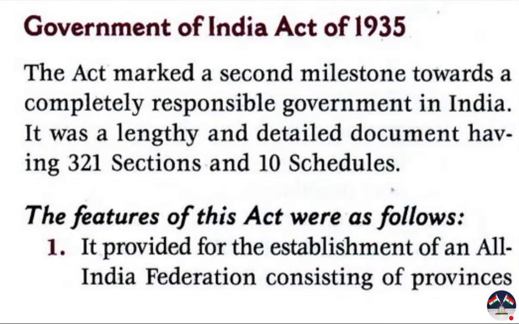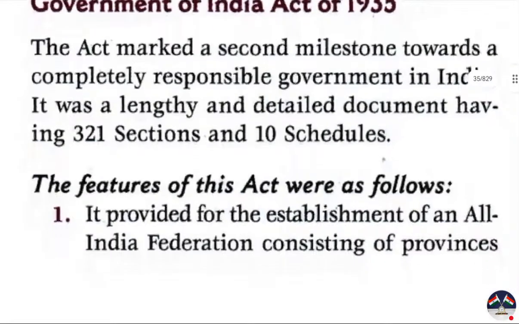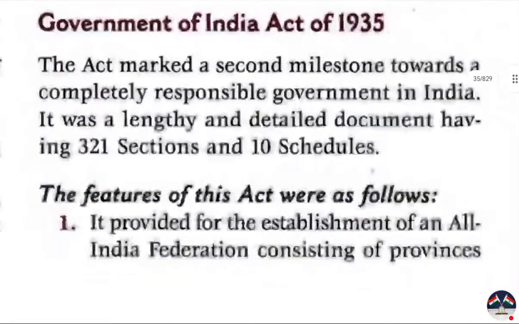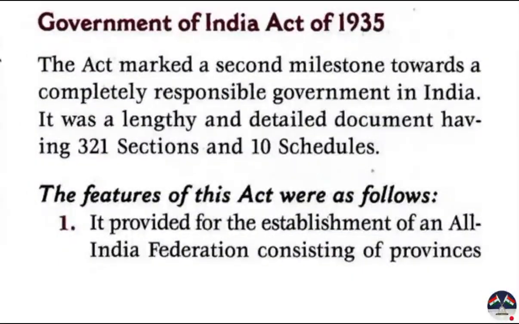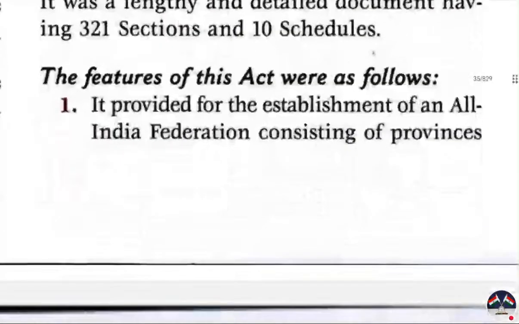The Act of 1935 marked the second milestone towards a completely responsible government in India. It was a lengthy and detailed document having 321 sections and 10 schedules.